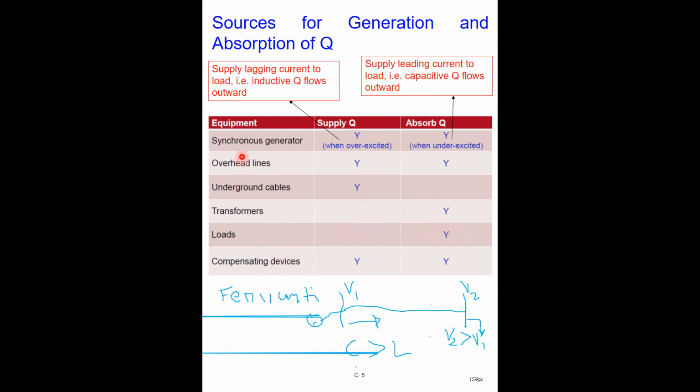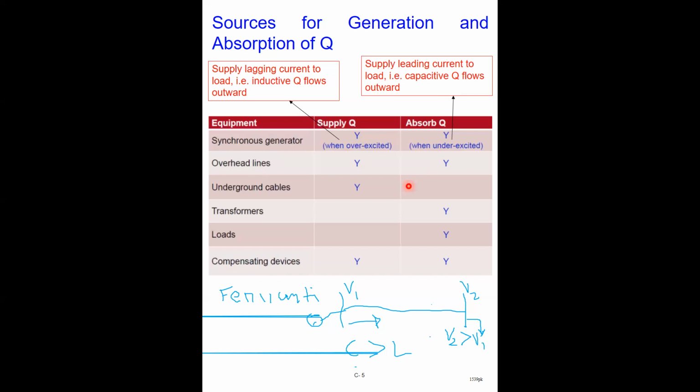So here we have the generator, and we have components: it could be an overhead line, an underground cable, a transformer, or the load. These are the components in your power network which can be a source or a sink for reactive power, right?